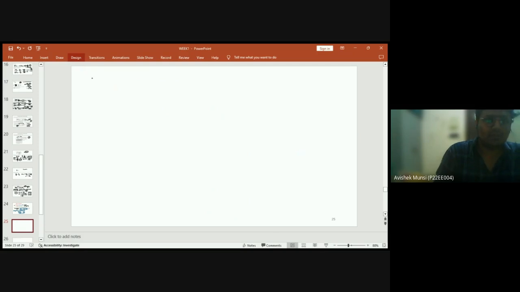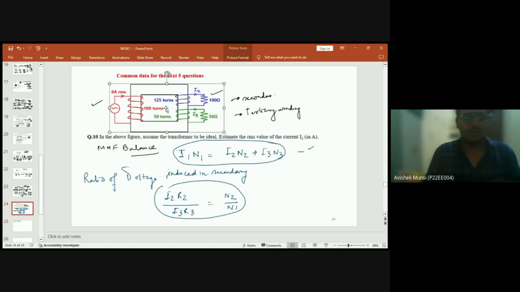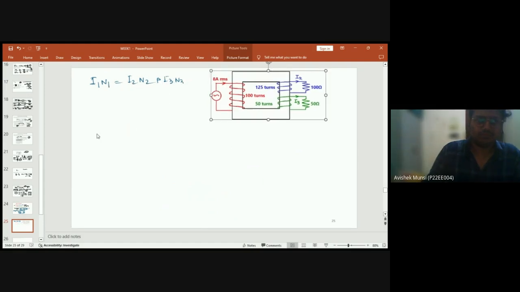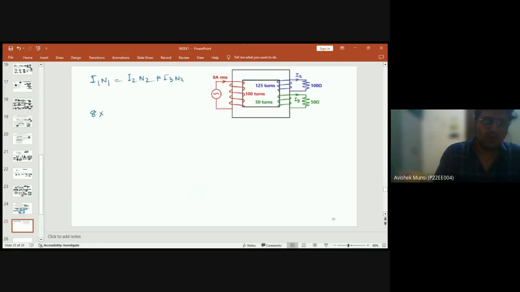So from MMF balance, that is 8 into 100, right?